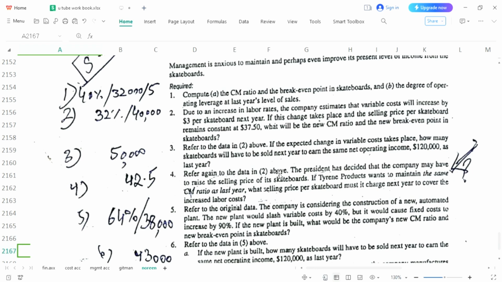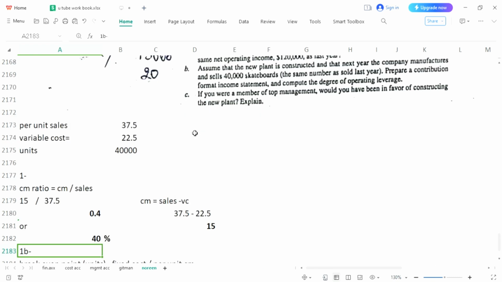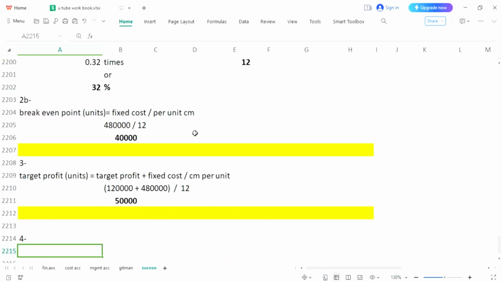Now, owner wants that CM ratio should become same as it was, 40%, even after increase in variable cost. For that purpose, obviously you will have to change your sale price. Okay, come over here. We had CM ratio formula.